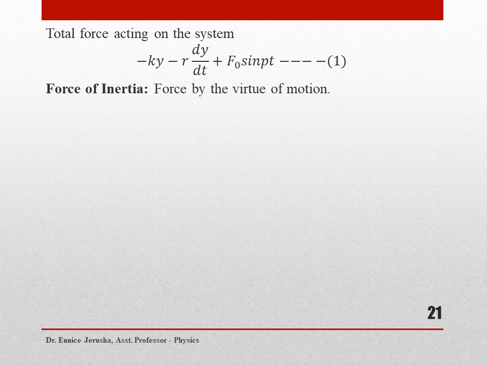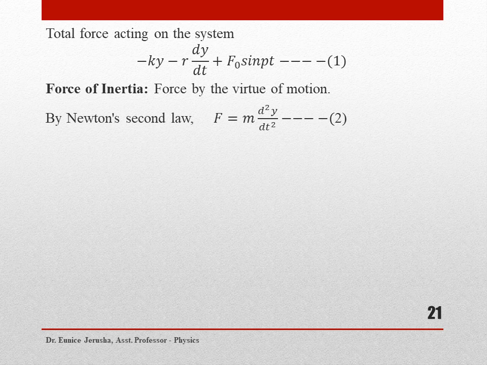And always this force is balanced by a force called the force of inertia, which is inherent within the system. This force, the force of inertia, is given by F is equal to m d square y by dt square, which we call equation 2.